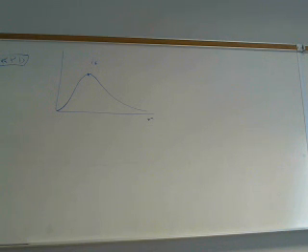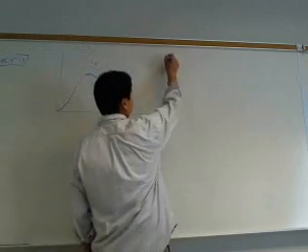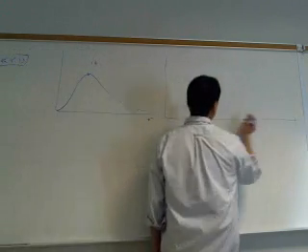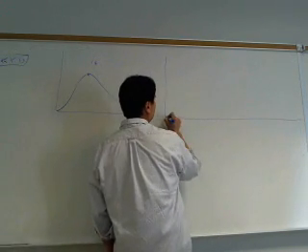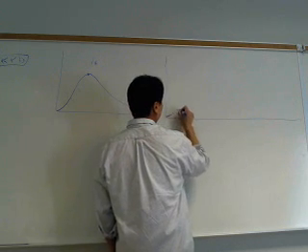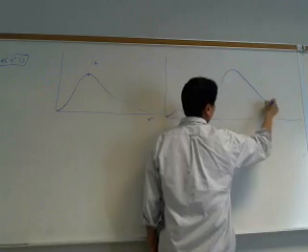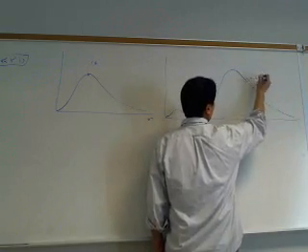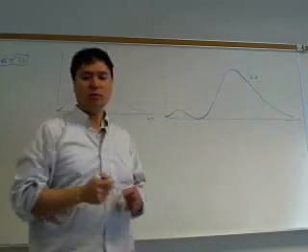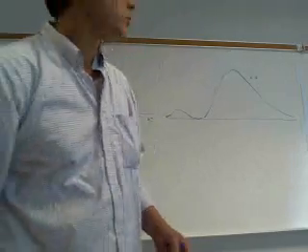Did we compare the 2s and the 2p? No? If we look at the 2s, it looks something like this. 2s has a node here.